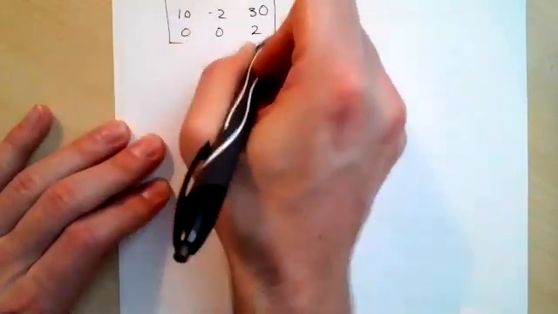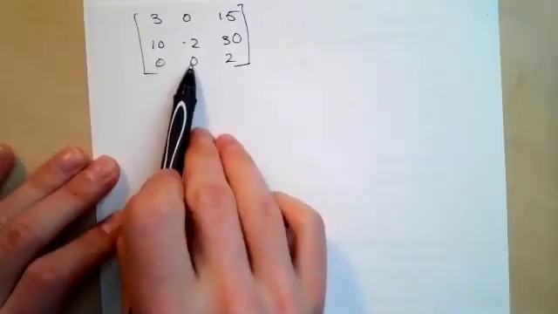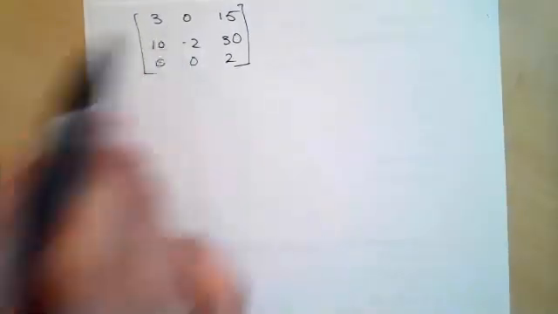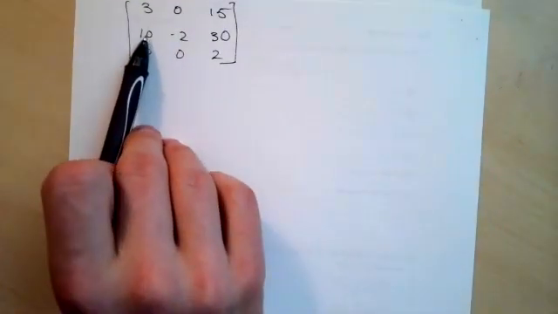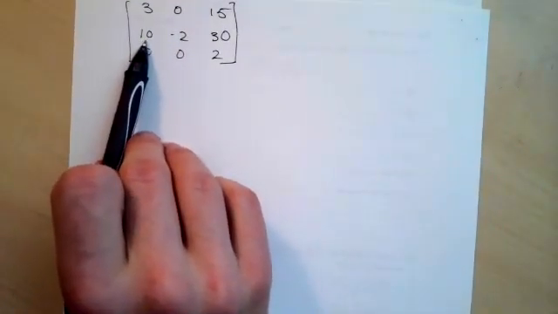Because we're real close, right? We've got zeros. All we've got is this 10 to get rid of. And this 10 is going to be a little tricky. And what's the problem that we're running into?